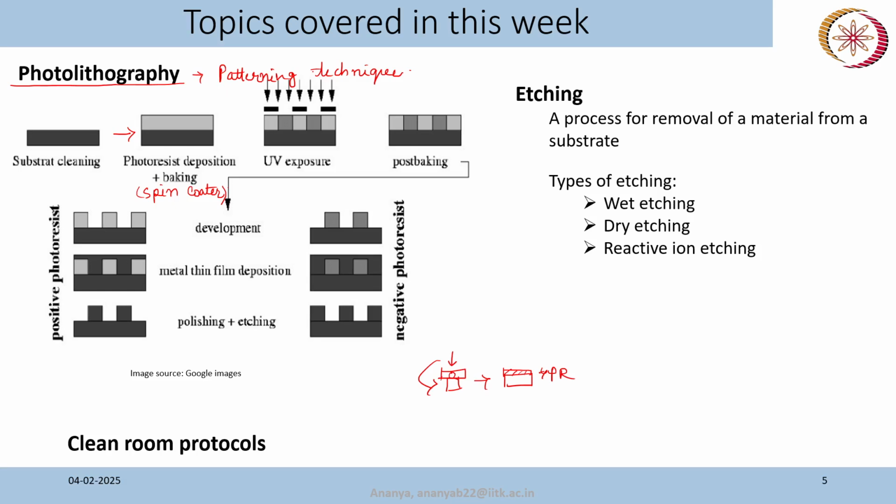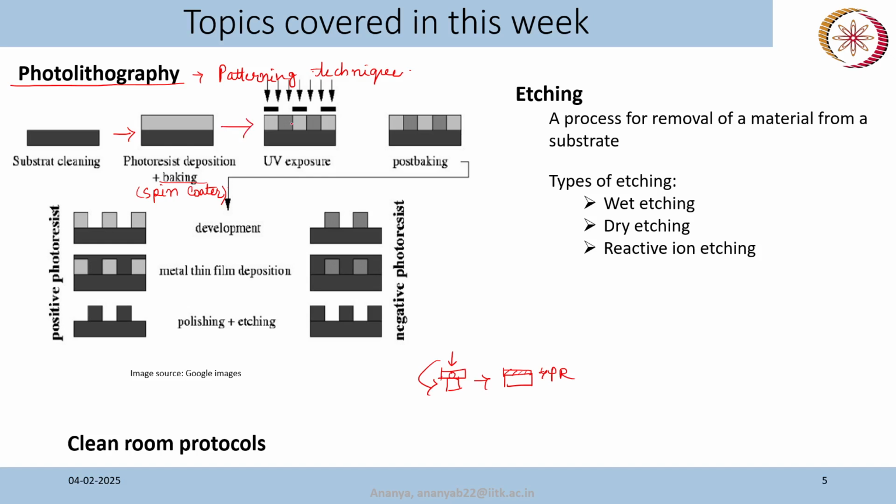But the basic principle is that we use a spin coater to make a uniform layer of photoresist. Now this will be in solvent form, so we do baking after photoresist deposition so that the extra solvent is evaporated. Now we have a uniform photoresist film on top of our substrate.